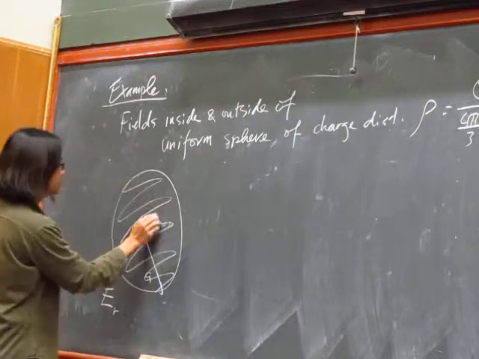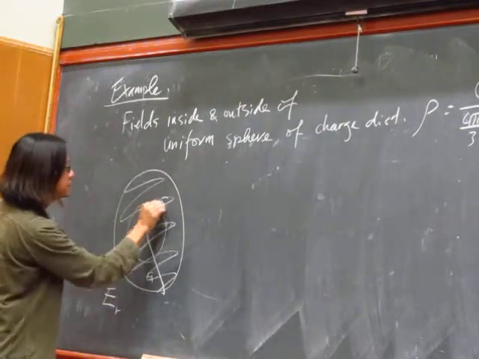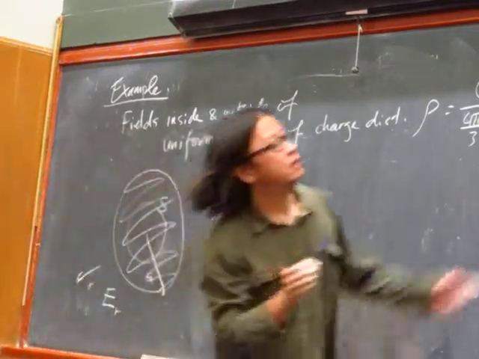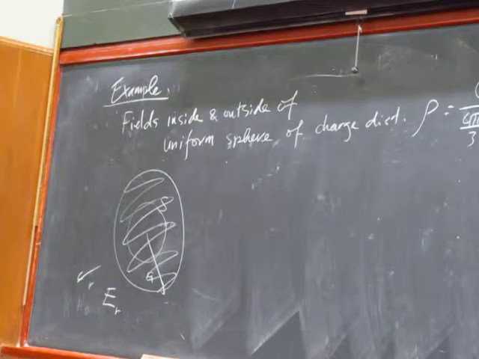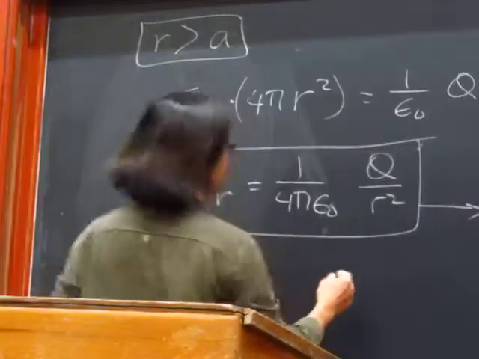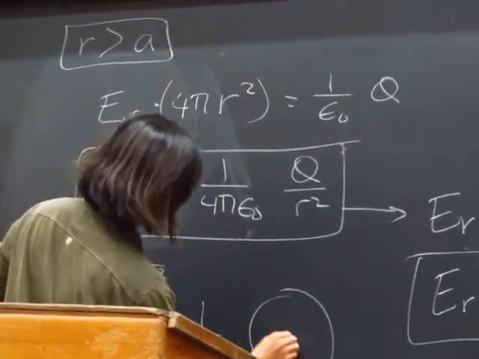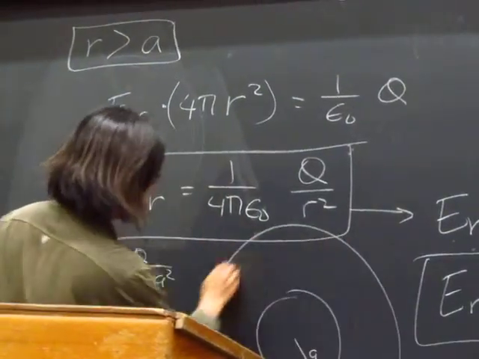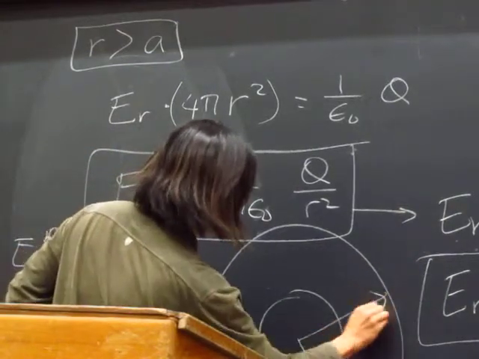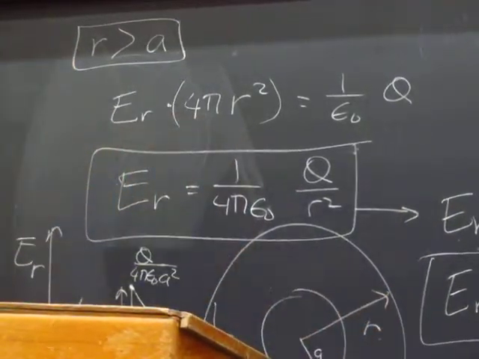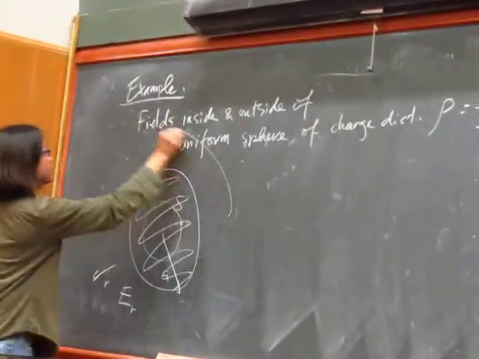If I construct a mathematical surface S here, same thing here, I didn't draw it, but you get the idea. This is A, this is R, when R is greater than A, but when it's inside, or if it's outside, then it's over here.